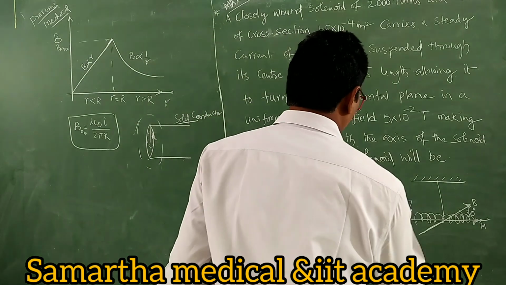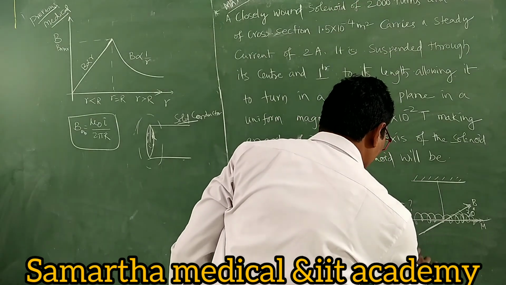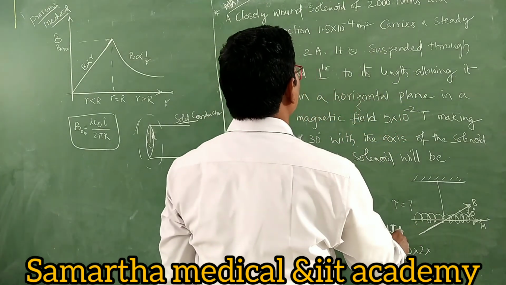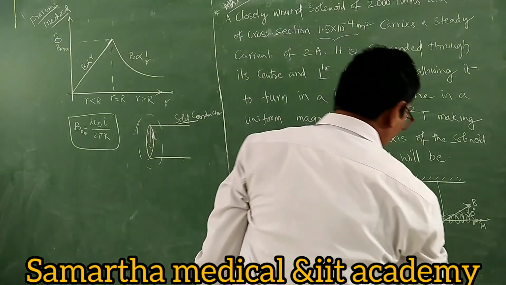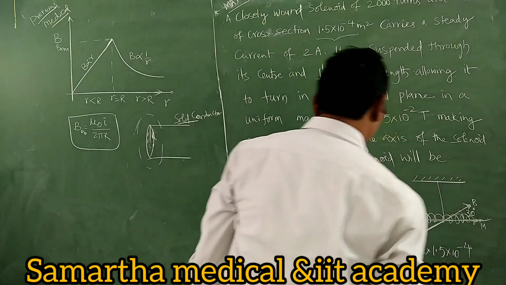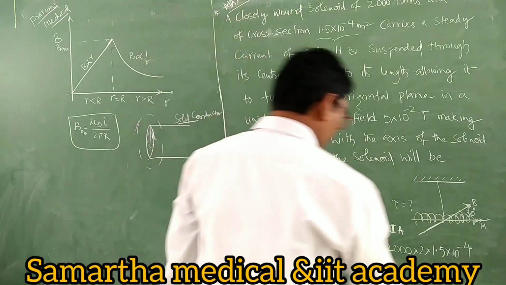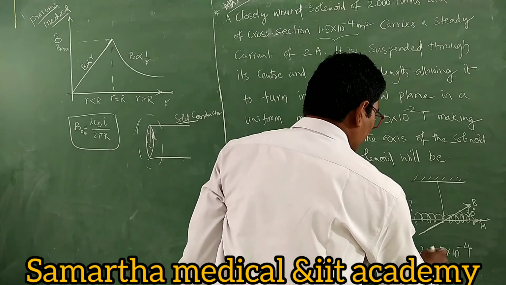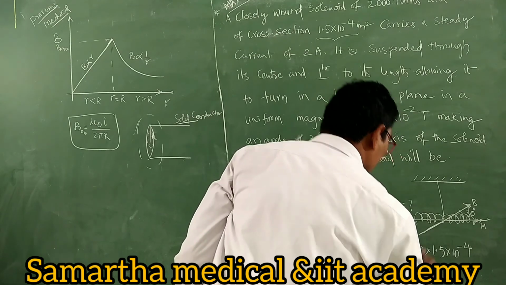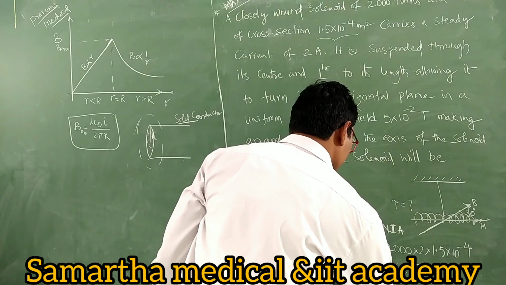N is the given number of turns, 2000, into the current passing, 2 amperes, into area of cross section 1.5 into 10 power minus 4. 2 2s are 4, 4 15s are 60. So 6 into 10 power minus 1. That is the value of magnetic moment.